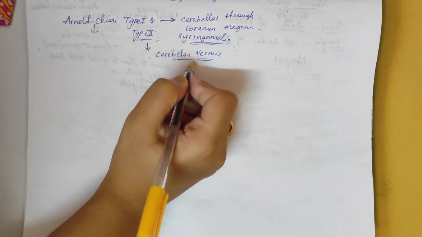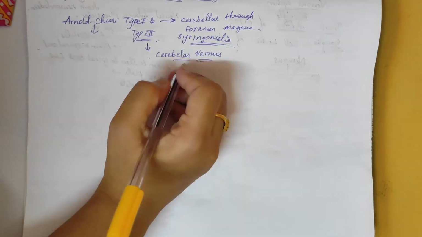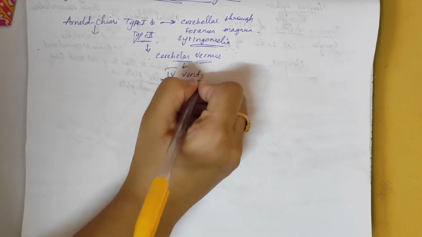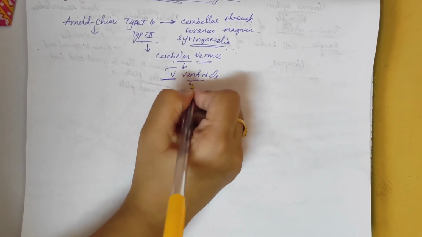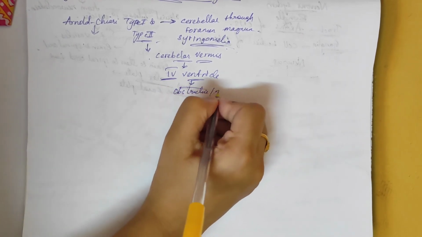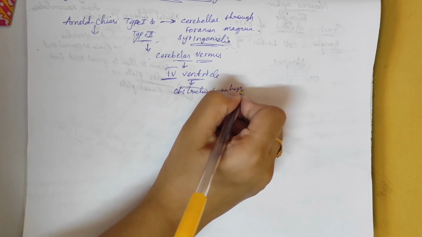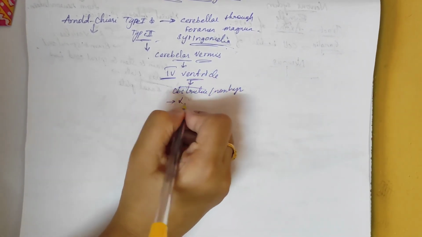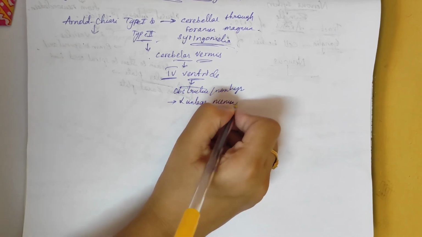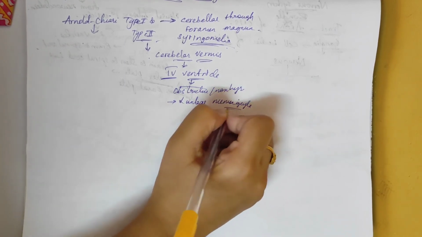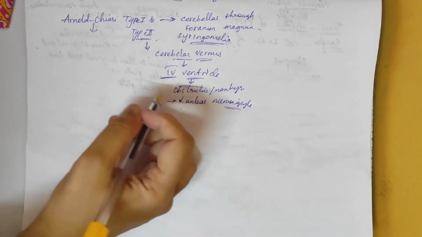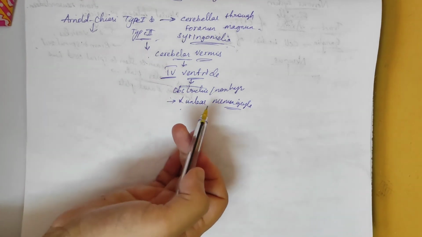So this downward displacement of the cerebellar vermis causes compression of the fourth ventricle, which causes obstruction or non-communicating hydrocephalus. So this is also associated with the lumbar meningomyelocele. I told you now, spina bifida meningomyelocele is associated with type 2 Arnold Chiari.